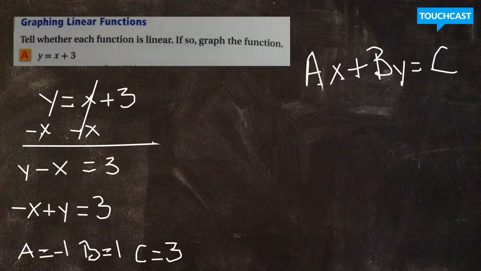X and y do not have exponents that are anything other than 1. We are not multiplying x and y with each other. And x and y do not appear in any denominators, exponents, or radical signs. So that means that this is a linear function. It's a linear equation. So now we're going to graph that.